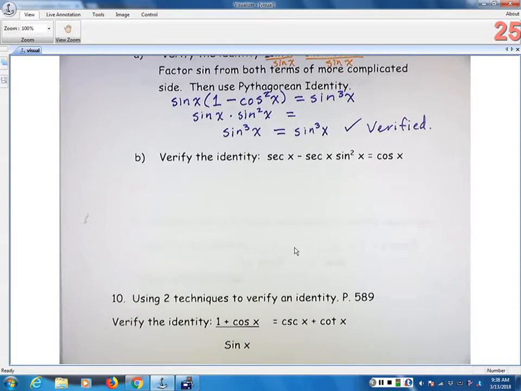The first step, let's see. 9B, can you see anything you can factor out? Factor it out. Then manipulate your Pythagorean identity.